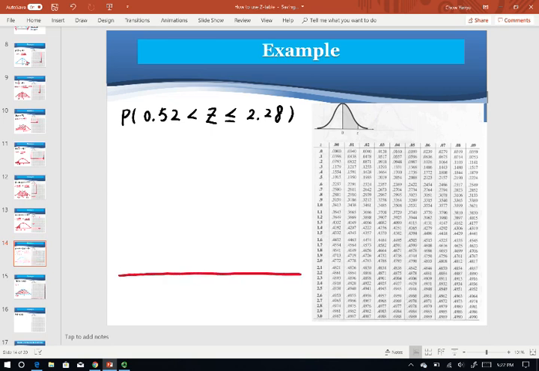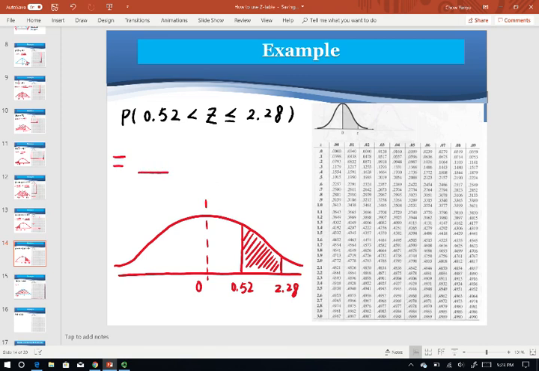Draw the curve, highlight the area. The middle is 0. So between 0.52 and 2.28, from here to here. This is on one side. Then the probability equals the table value for one minus the table value for the other. Remember, use the bigger one minus the smaller one.